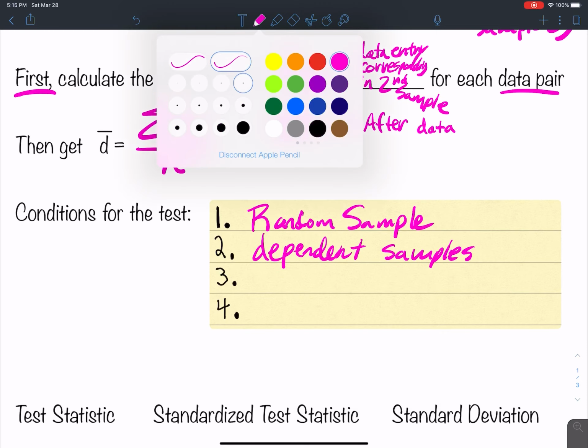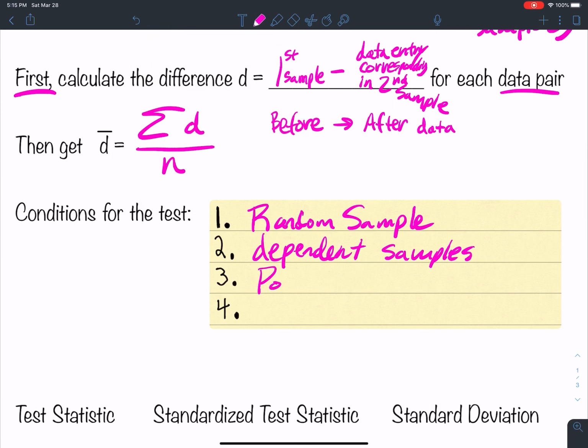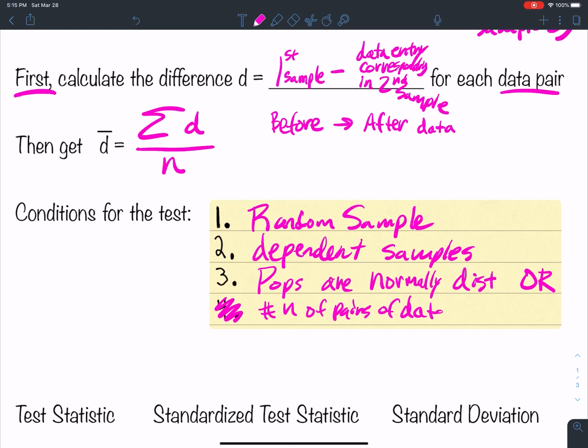Number 3, the populations are normally distributed, or the number n of pairs of data is at least 30.